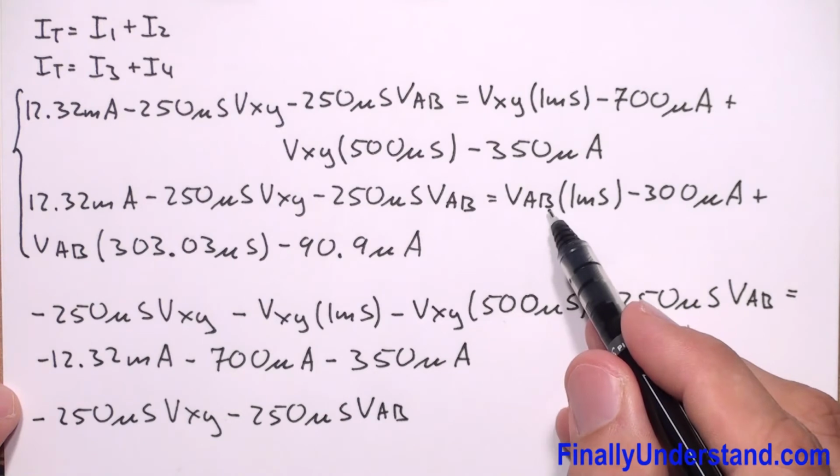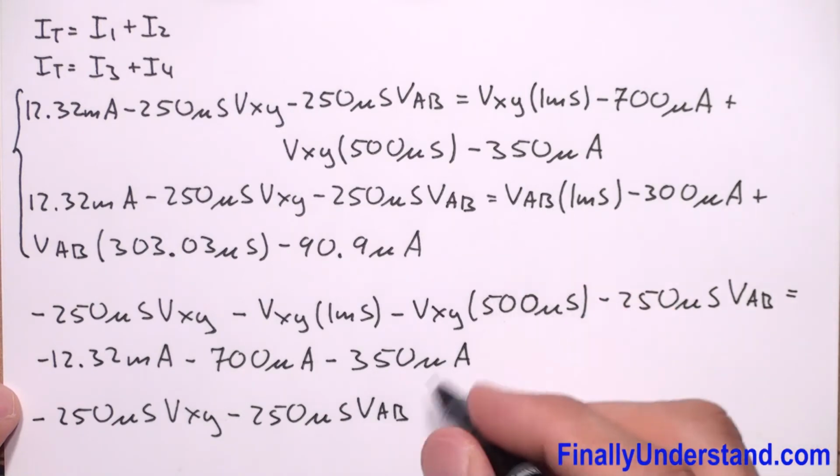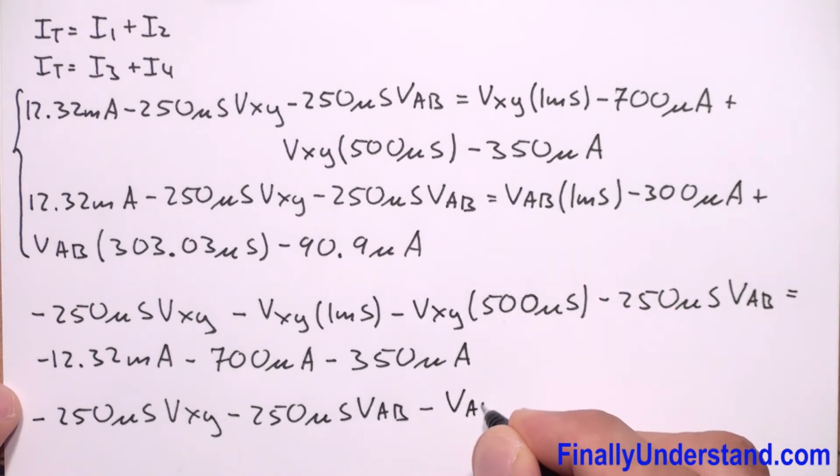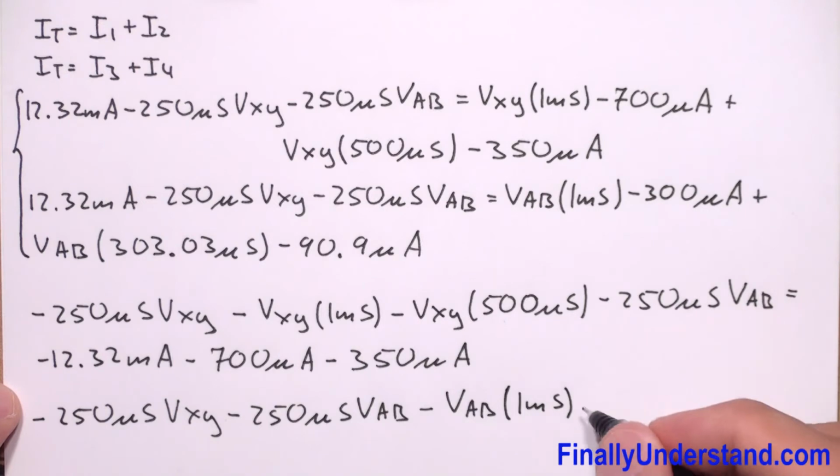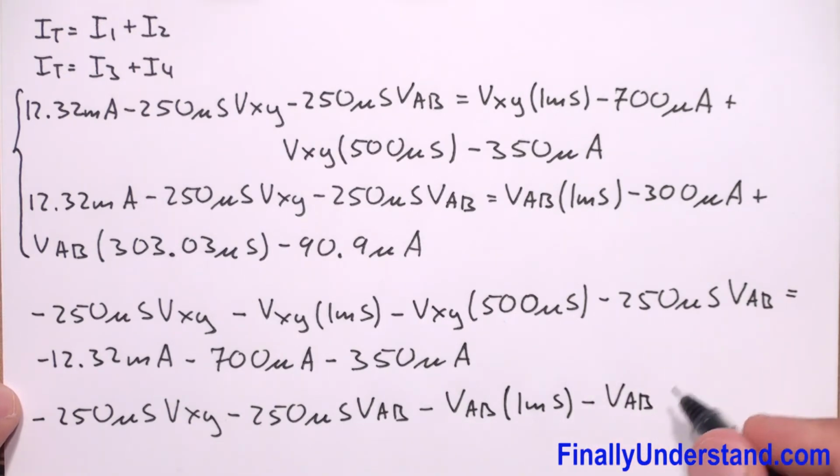I'm going to move this VAB to the left side, so I'm going to have negative VAB times 1 millisiemens, and I have negative VAB 303.03 microsiemens.